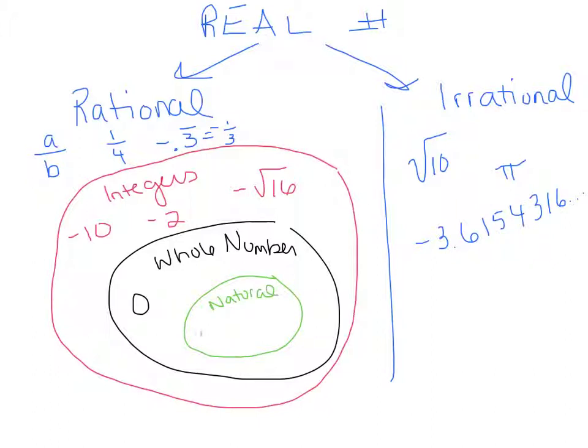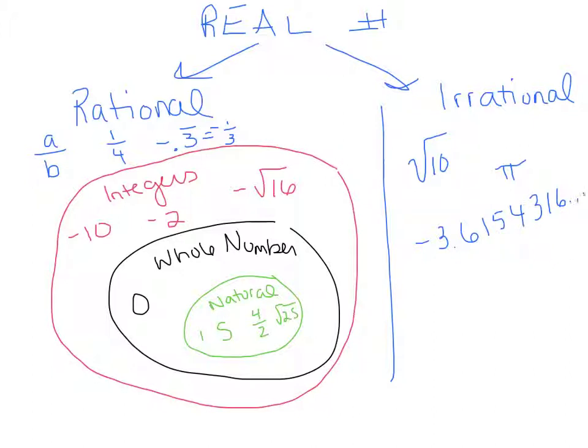This is the 1, the 5. I could do 4 halves, which is really equal to 2. It could be the square root of 25, which is really 5. So these are all things that come out to be whole numbers that are greater than 0. So 1, 2, 3, 4, 5, 6, 7, 8, 9, 10.